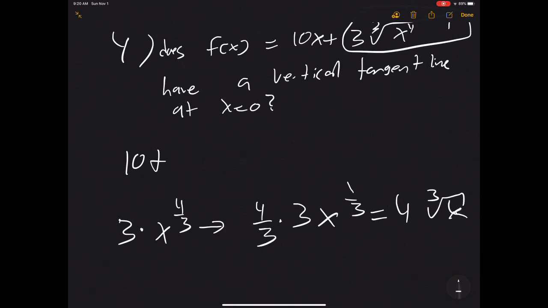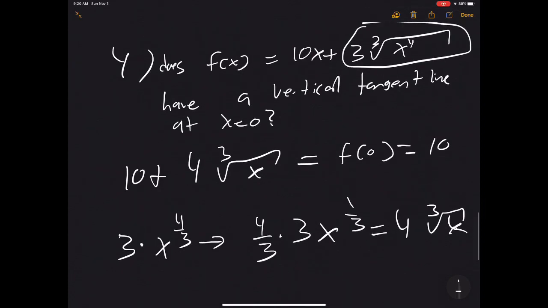So we get 10 plus 4 cube root of x. And when x is 0, this solution is 10, which means it's defined. So f of 0 equals 10, which means the solution is defined, which means there's no vertical tangent line.